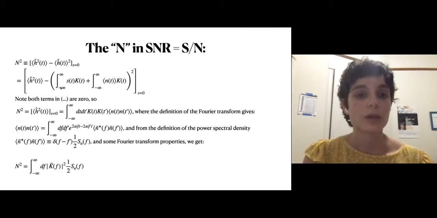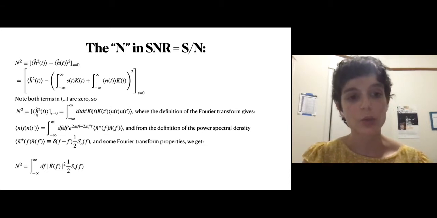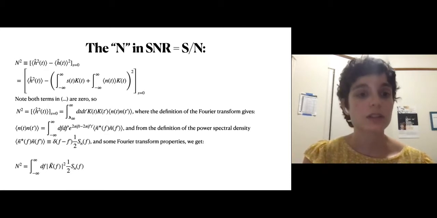So we can get rid of this whole term and the big parentheses, and we have N squared equals just the expectation value of h hat squared under the assumption of zero signal. And we can write this out as this integral here, where we were again using the definition of h hat.